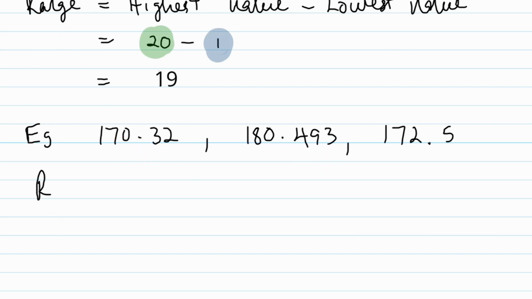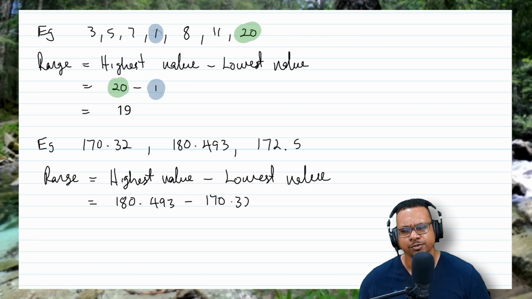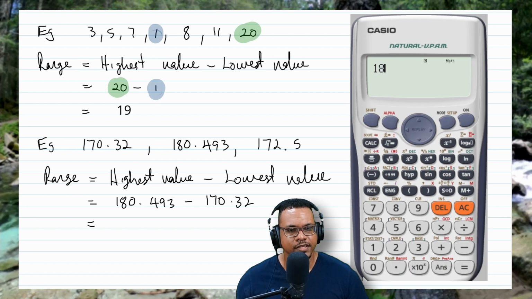So again, my range will be my highest take away my lowest: 180.493 take away 170.32. And that's 10.173.